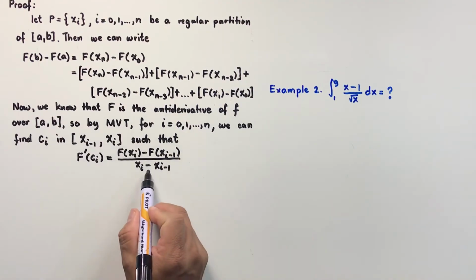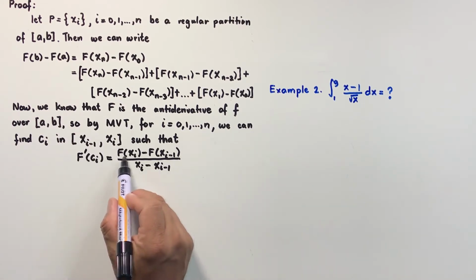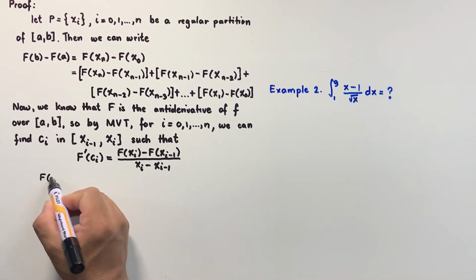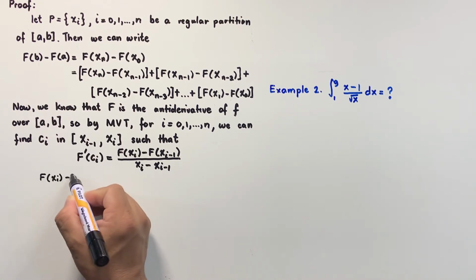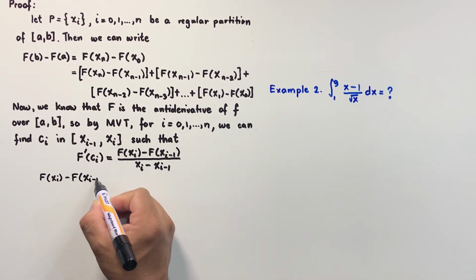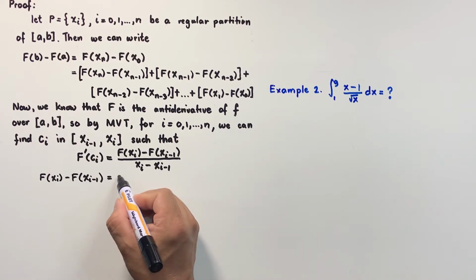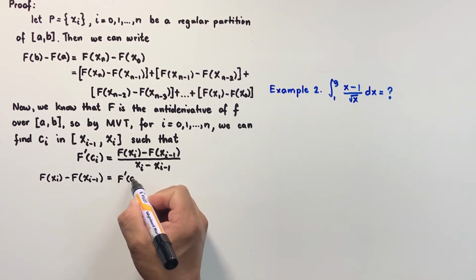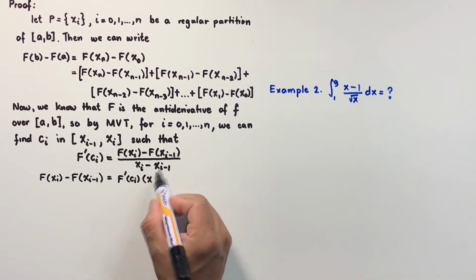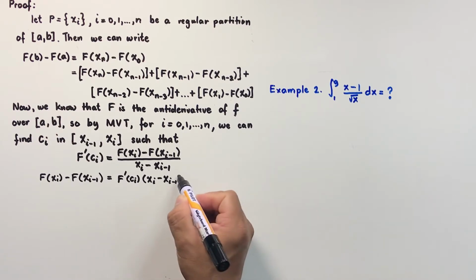And if you cross multiply it here, we have this difference of the big F. So big F of x sub i minus the big F of x sub i minus 1 is equal to our big F prime of c sub i times this denominator here, x sub i minus x sub i minus 1.